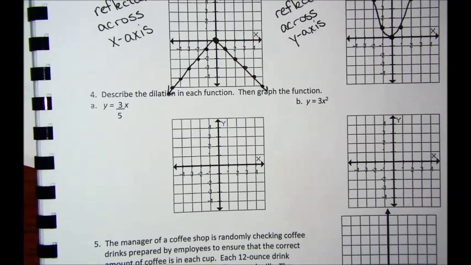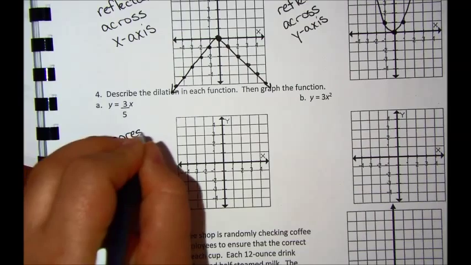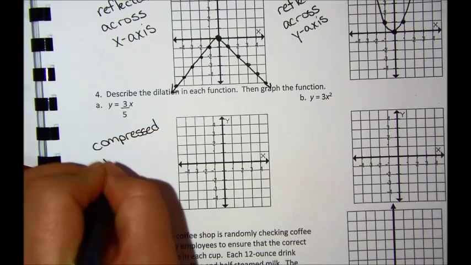Now we need to describe the dilation. 3/5, that's my A value. Is that between 0 and 1, or is it greater than 1? Between 0 and 1. So is it stretched or compressed? It's compressed vertically.